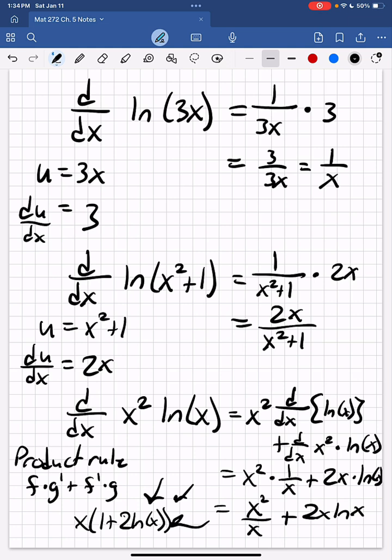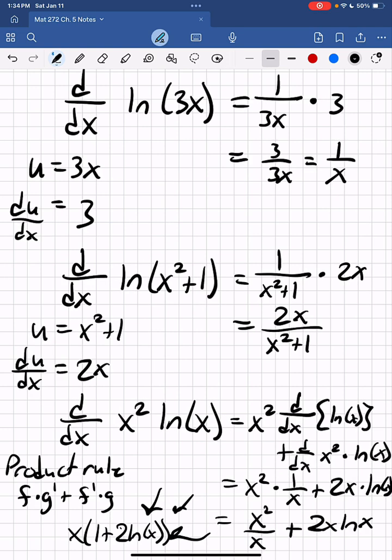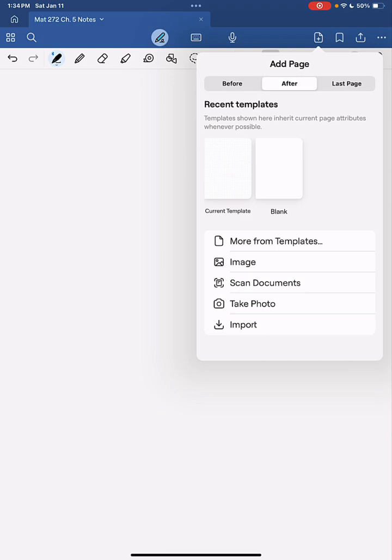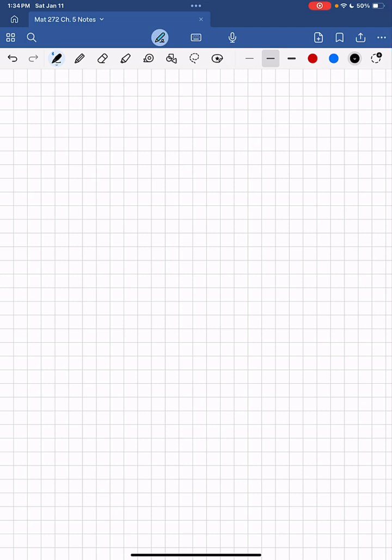All right, so now let's look at another few examples and why employing the natural log can help us. Okay, so let's say that we have a function like this, where f of x is equal to the natural log.